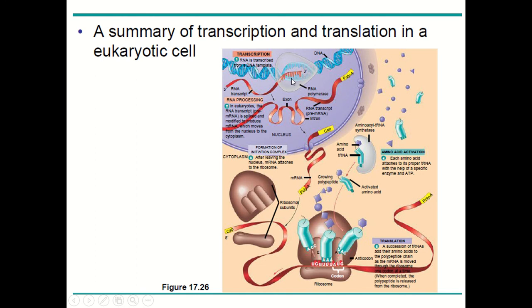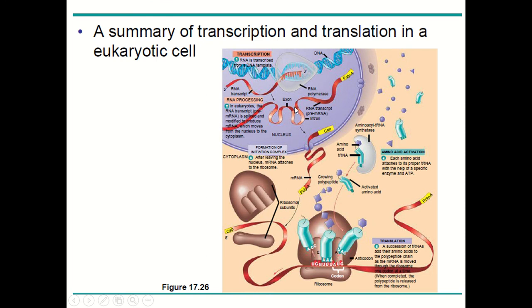Look here. Okay, DNA is used as the template for the transcription process of RNA, and then before the RNA is released to the cytoplasm, the RNA will undergo RNA processing, in which we will add the poly-A tail at the 3' end, and then we will also add the guanine cap, the nucleotide guanine cap, at the 5' end.